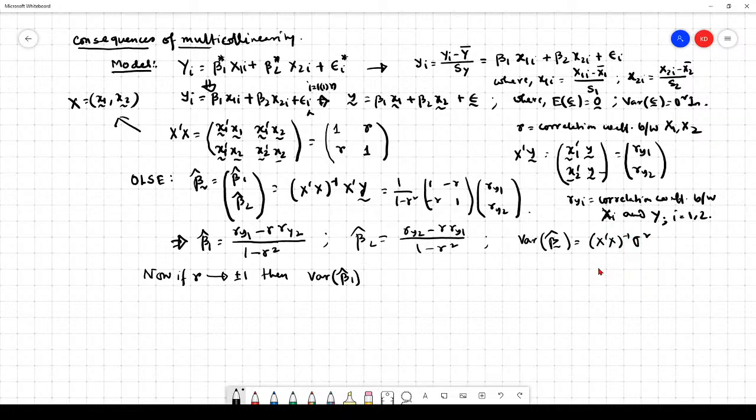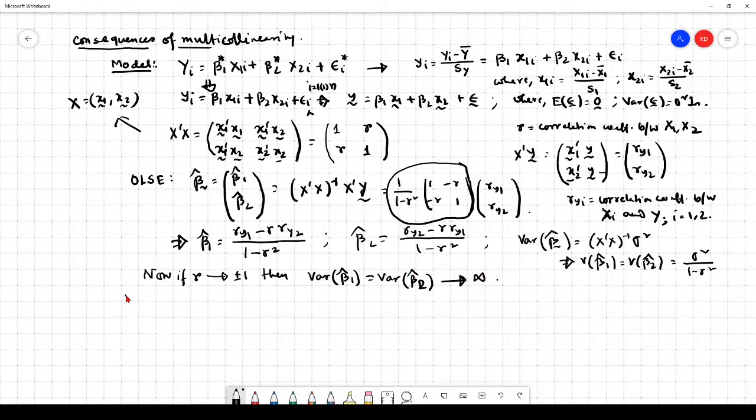If you look at this portion into sigma square, then we see that variance of beta 1 hat equals variance of beta 2 hat, which is equal to sigma square by 1 minus r square. So if r equals plus or minus 1, then variance of beta 1 hat and variance of beta 2 hat tend to infinity.